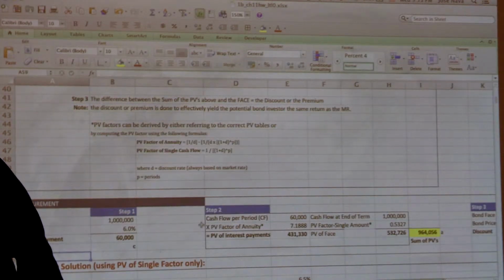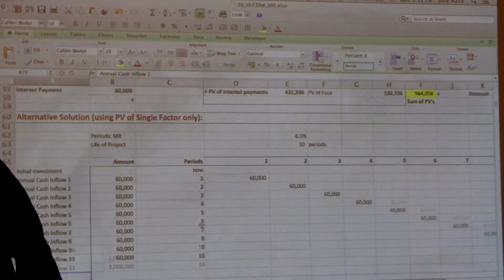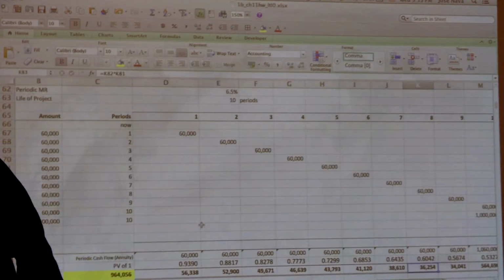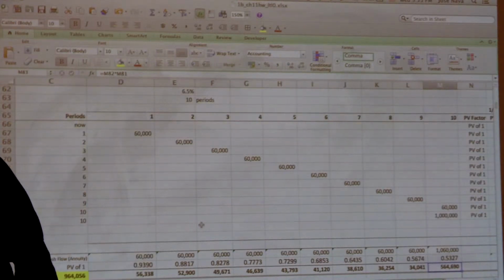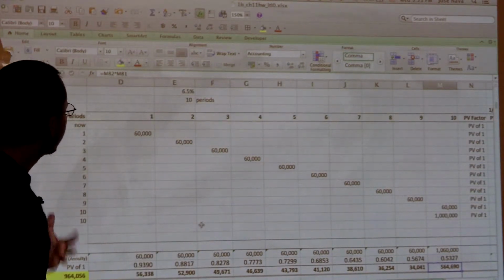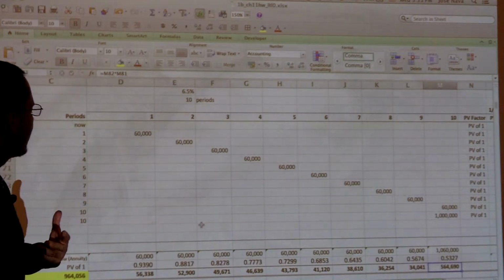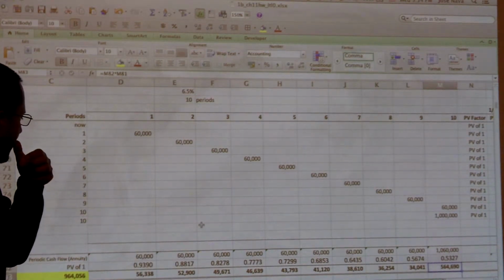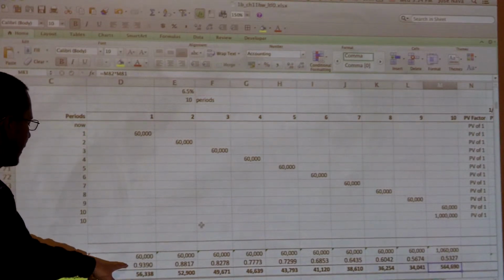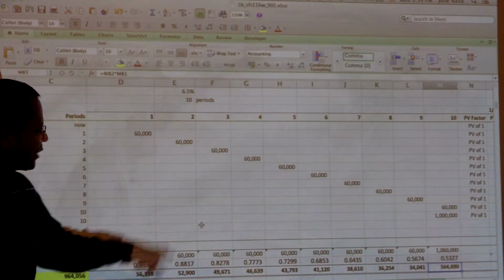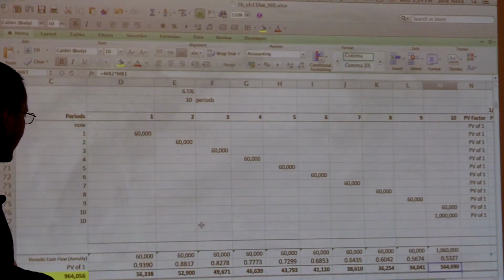Now, let me go and show you the actual calculation using this table here. I always like to put the cash flows on a timeline so that I know what's going on. It makes it easier for me to do this. And in this case, I'm using a present value factor of a single amount for each of these separate cash flows.